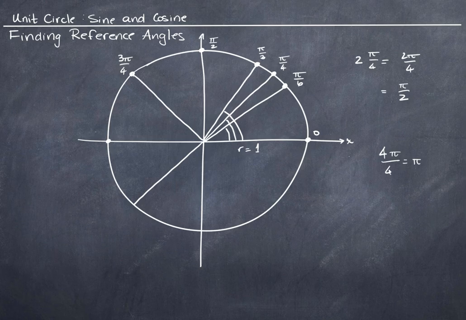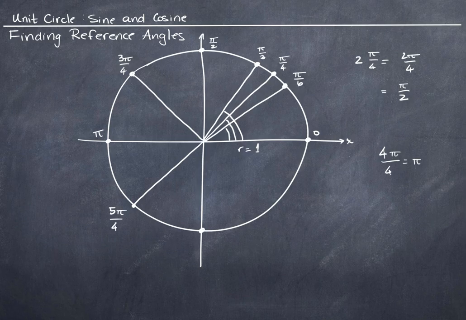So on my way to finding the angle measure of this one, I've found the angle measure in radians of this one. And this one here, I've got 1 copy, 2 copies, 3 copies, 4 copies, 5 copies of pi over 4. 5 pi over 4.